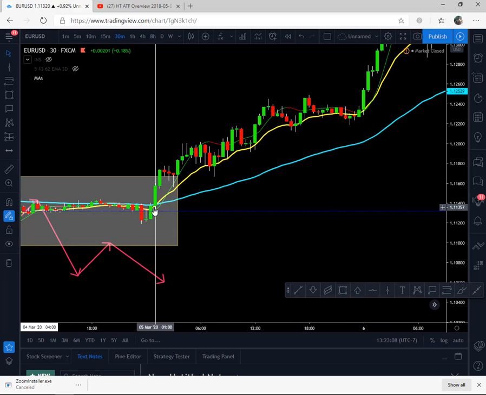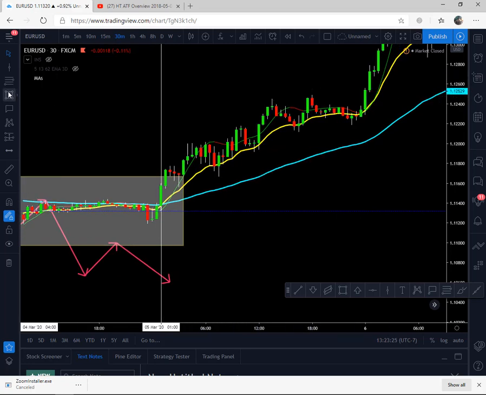So because price was above the 62, that's an indication of potential trend direction, and we could clearly see higher highs.